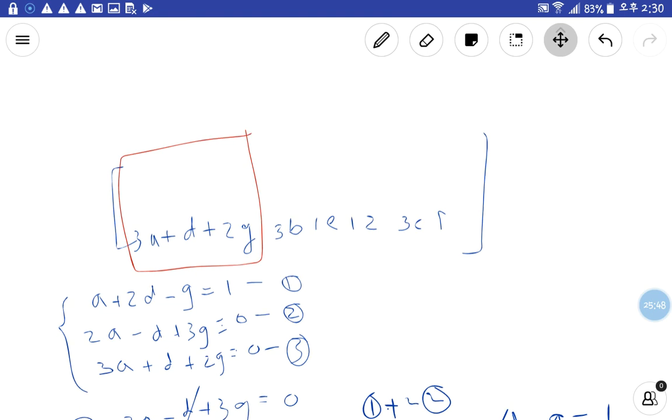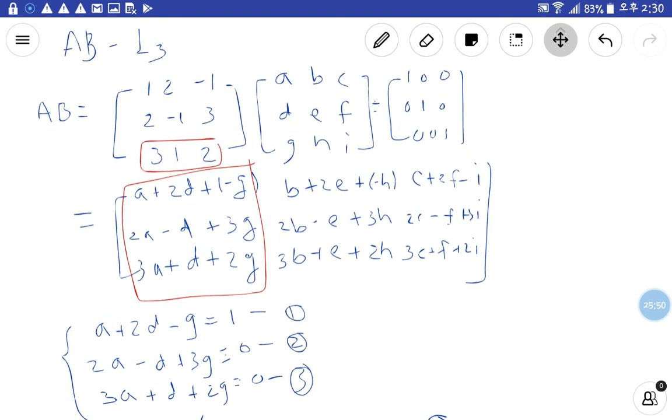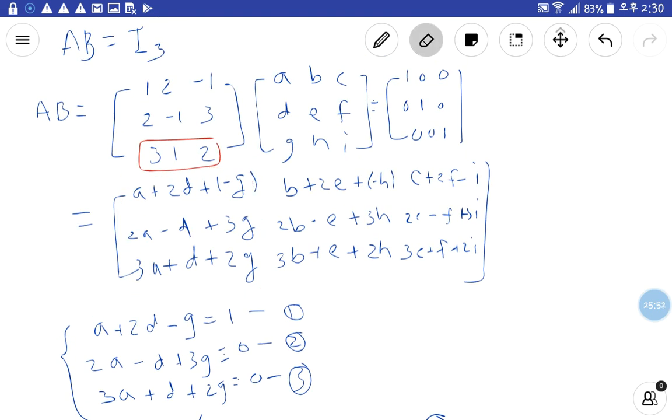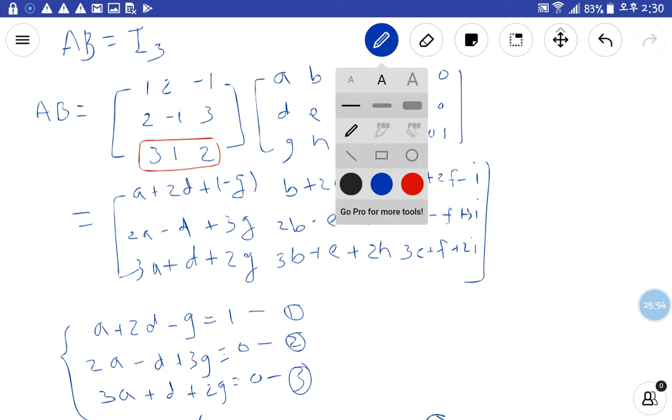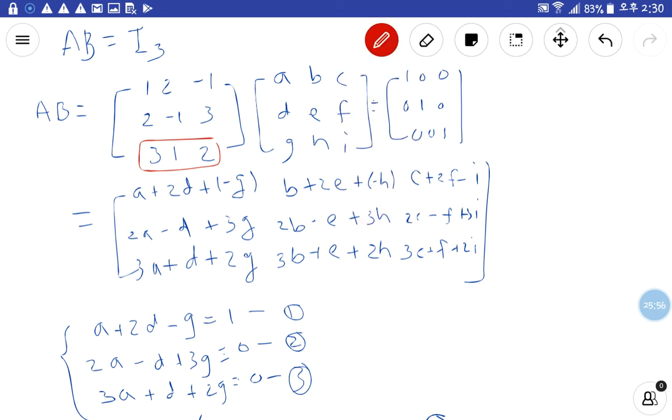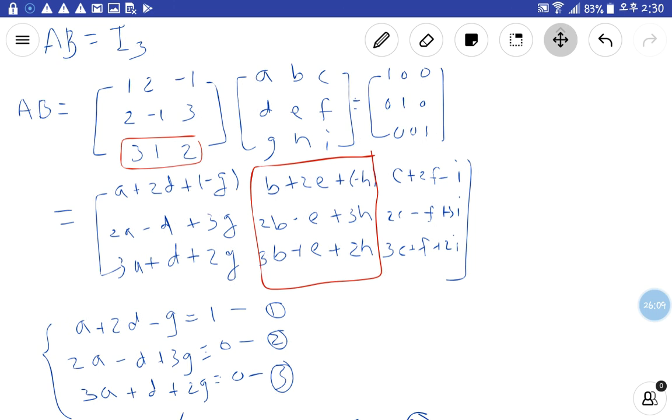And now you should look at your second. So now I have to pay attention here. At this time, I'm going to use my space here.